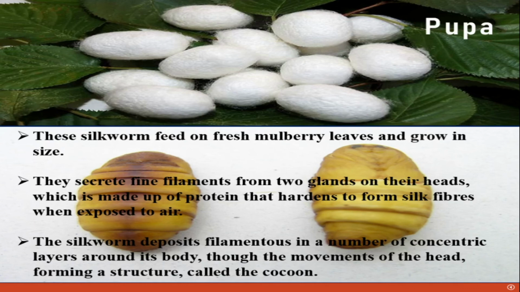Finally, these silkworms deposit filaments in a number of concentric layers around the body, which is building the cocoon, through the movements of the head, forming a structure called a cocoon. Already I said that the silkworm shakes its head in a figure of 8, and meanwhile it builds the cocoon around it by secreting silk.